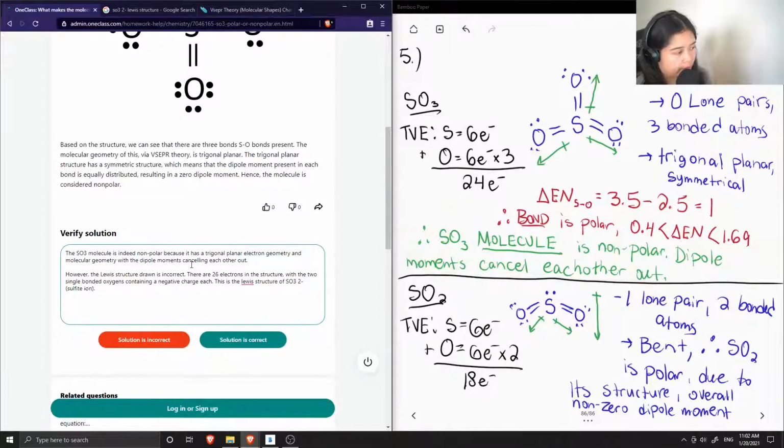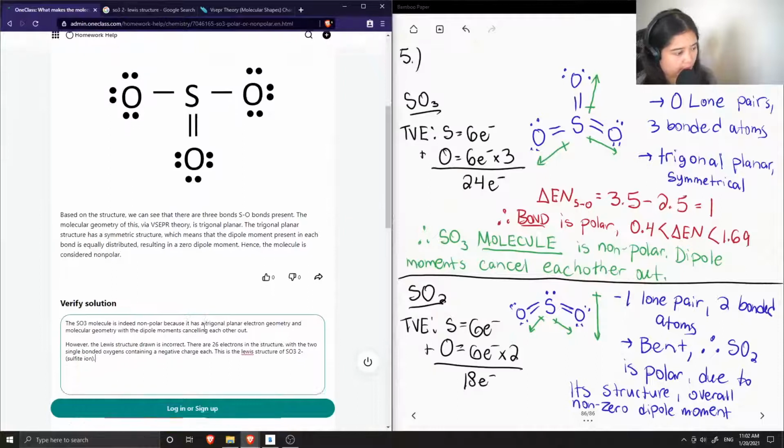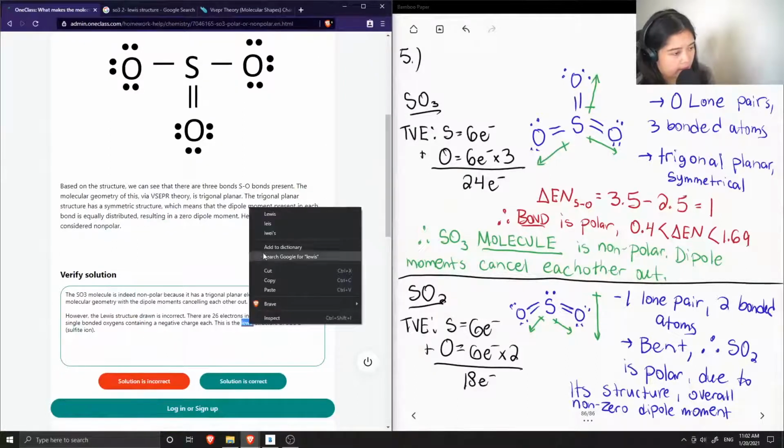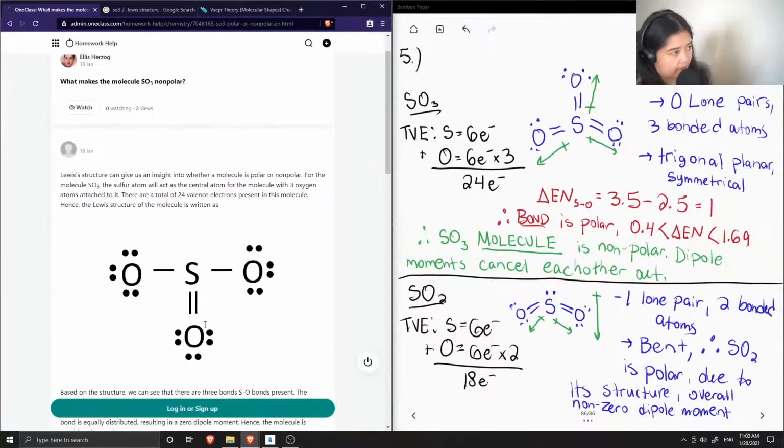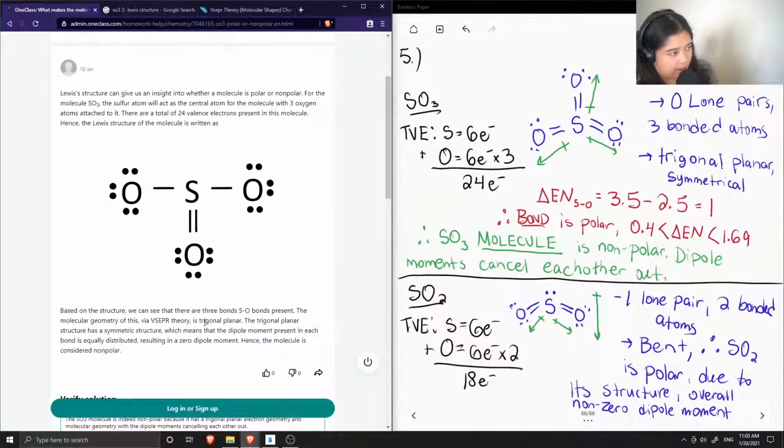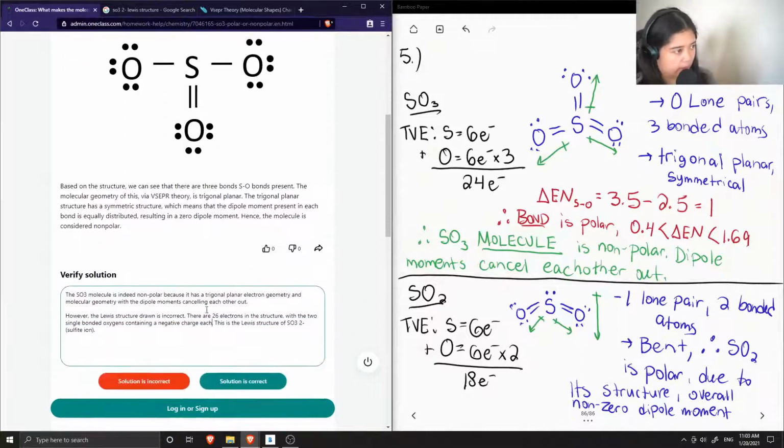However, the Lewis structure drawn is incorrect. There are 26 electrons in the structure, with the 2 single bonded oxygens containing a negative charge each. This is the Lewis structure of SO3 2-, which is the sulfite ion. So I'm going to say that this solution is incorrect, just because the Lewis structure is incorrect as well.